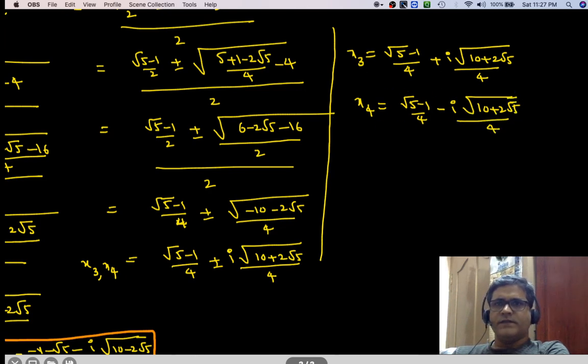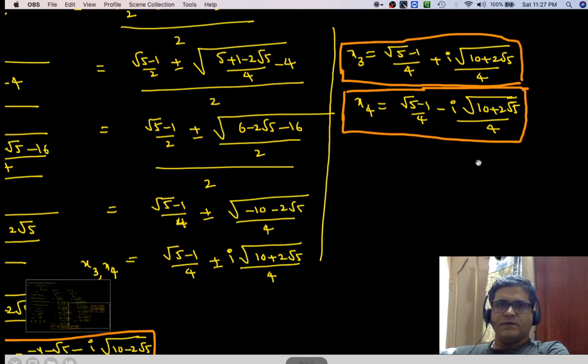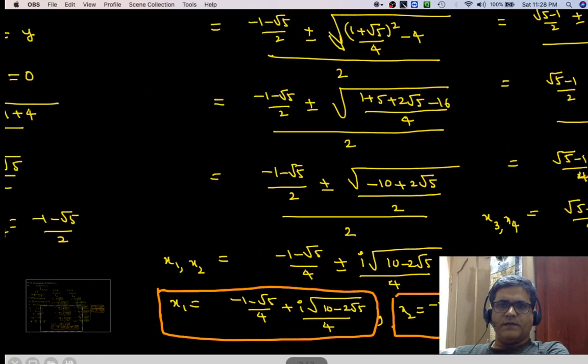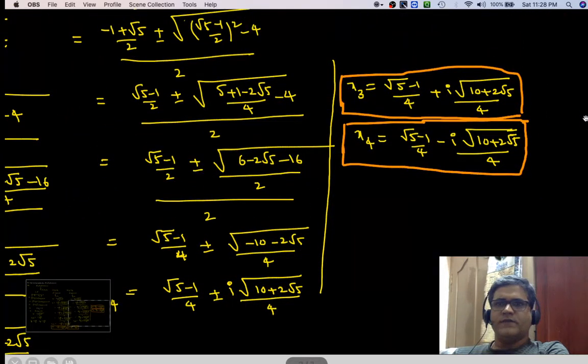So these are the x3 and x4 values. This is the third root and this one is the fourth root. So this one is x1, this is x2, and these are x3 and x4.